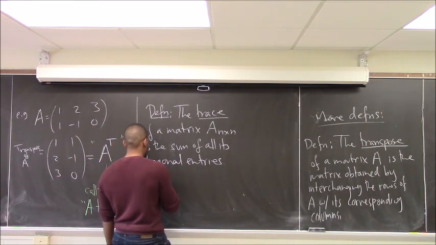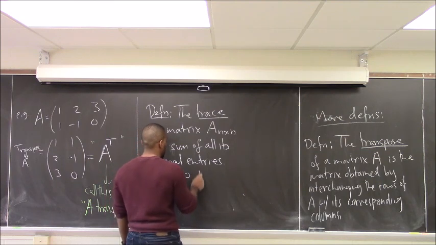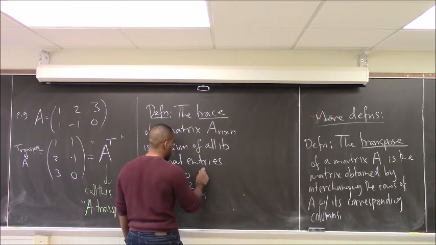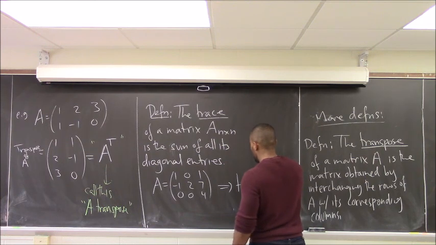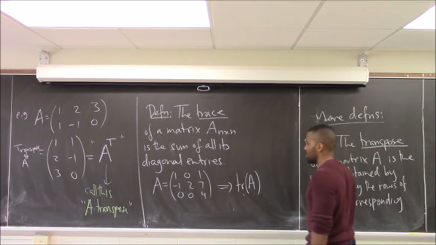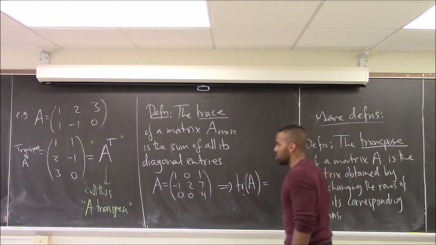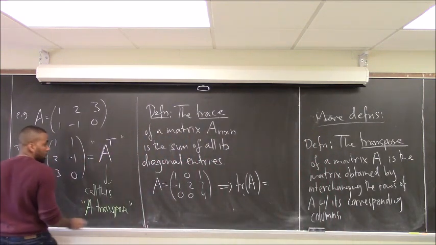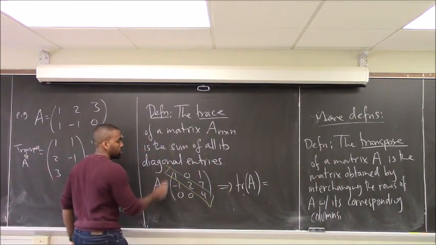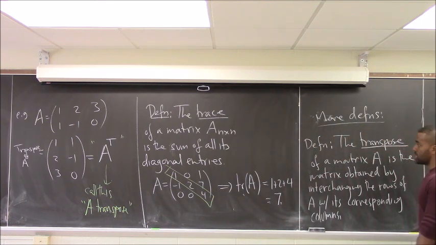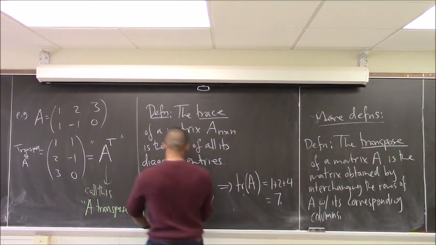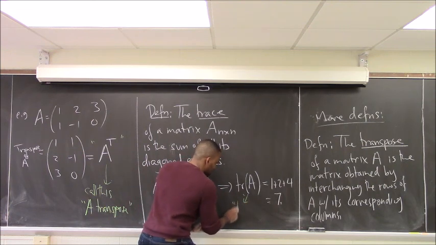So if A is equal to 1, 0, 1, minus 1, 2, 7, 0, 0, 4, then we call it the trace of A, that's the notation. That's going to be equal to the sum of all the numbers on its diagonal. So it's going to be 1 plus 2 plus 4, or 7. So the trace of this matrix is 7. This is the trace of A.